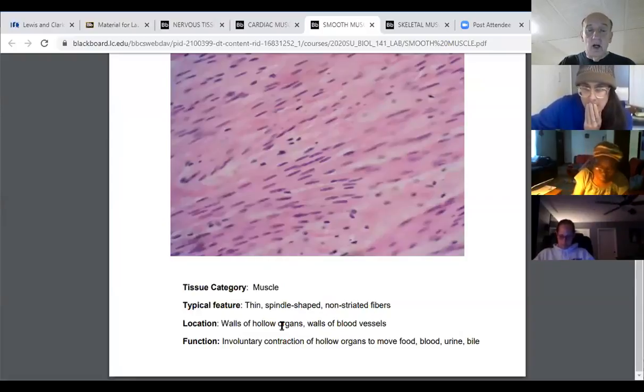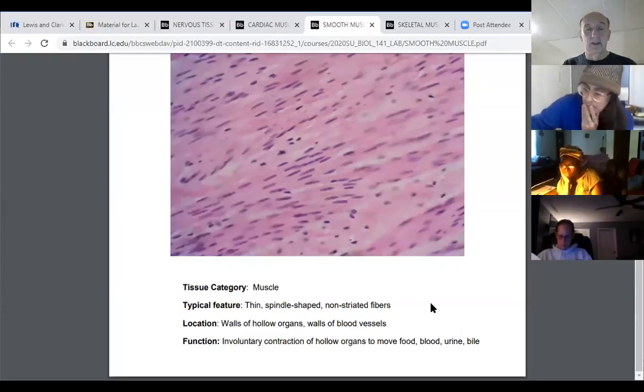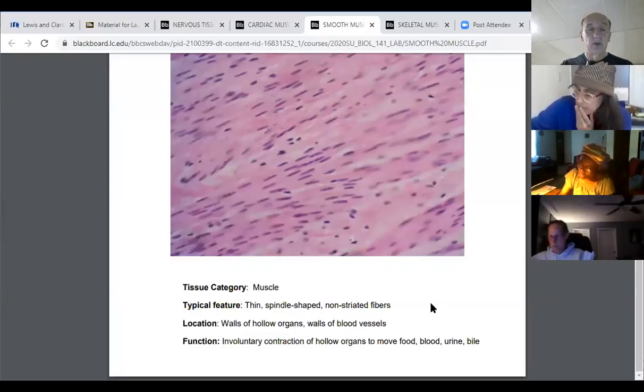What could be these hollow organs? Think about organs of the digestive system, esophagus, small intestine, large intestine. Think about some parts of our respiratory system. Bronchioles have smooth muscle content. What about reproductive system?